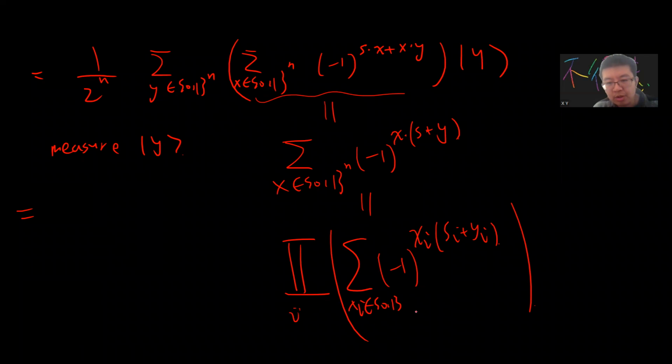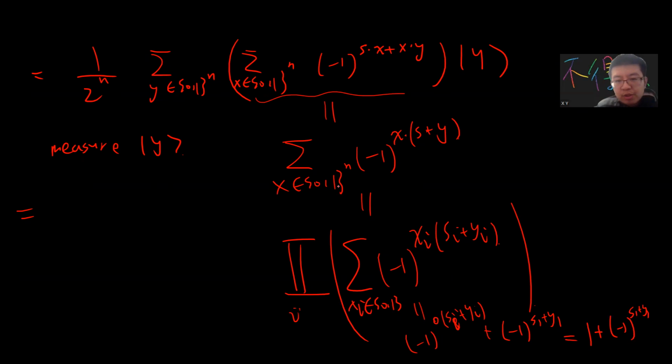For xi equal to 0, the term is minus 1 to the 0, which is 1. For xi equal to 1, you get minus 1 times (si plus yi). So this is 1 plus minus 1 to the (si plus yi), right?